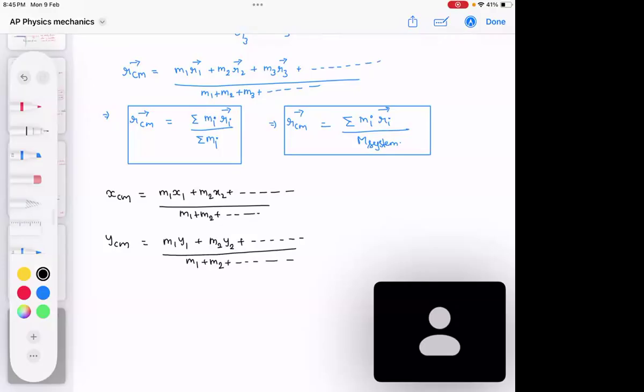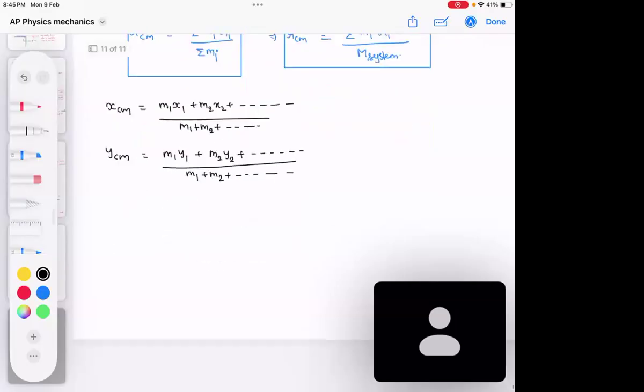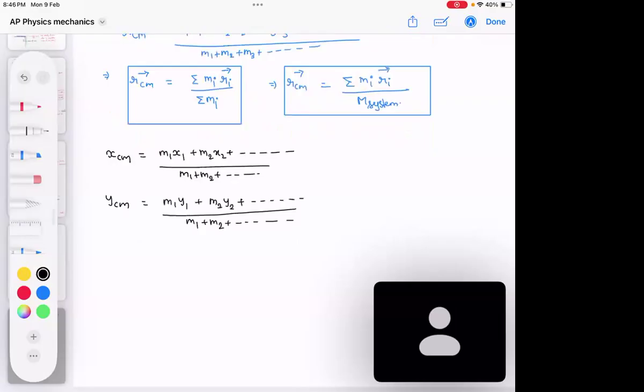Same way you can write it for the z coordinate also. So this is the center of mass of what? This is the center of mass of a discrete particle system. Means if a number of point masses are there, then this is how we will calculate the center of mass.